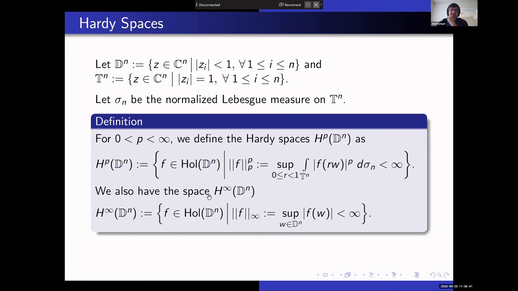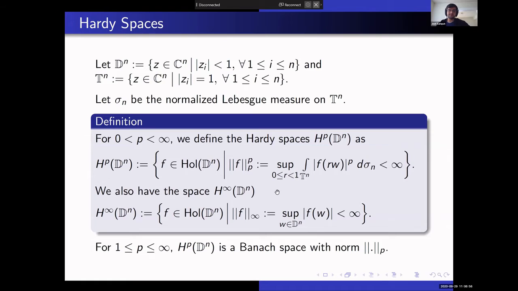We also have the space H infinity, of course, that we know and love, which is the space of all analytic functions on the unit polydisk that are bounded. We know that for p between 1 and infinity, Hp is a Banach space with the norm as in the definition.